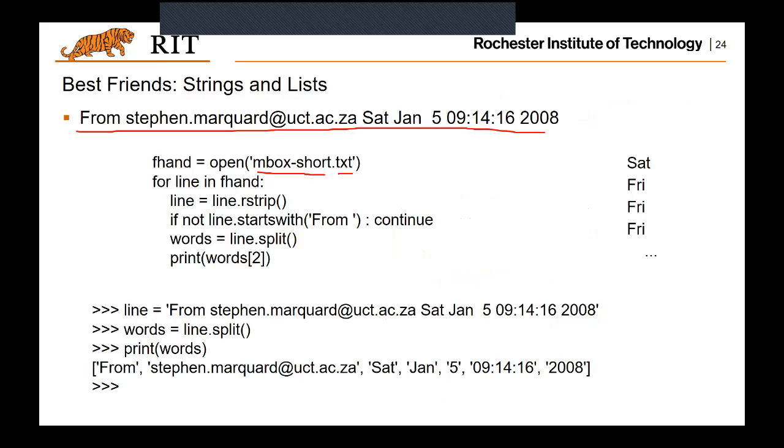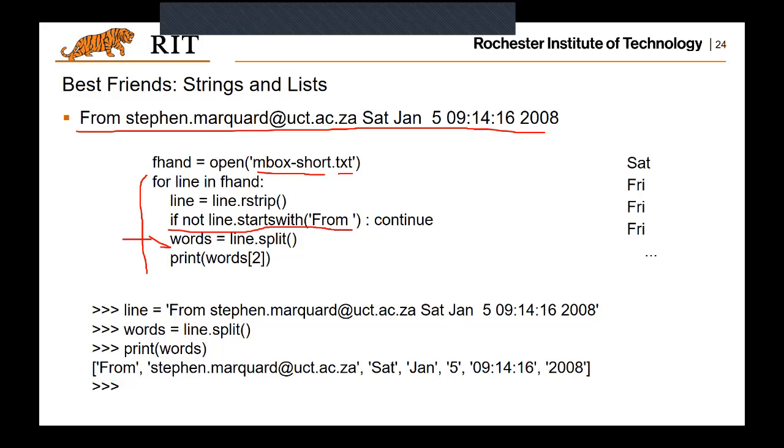Basically, you can loop through the whole document and remove the newline character using rstrip. Also, you only want to deal with the lines that start with From, and if that's the case, you want to extract some information from that line.